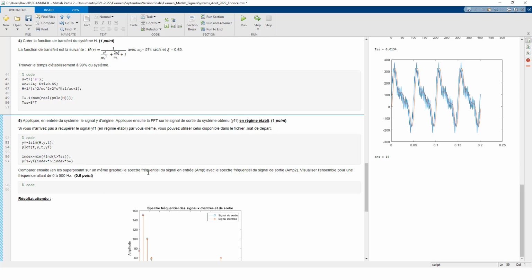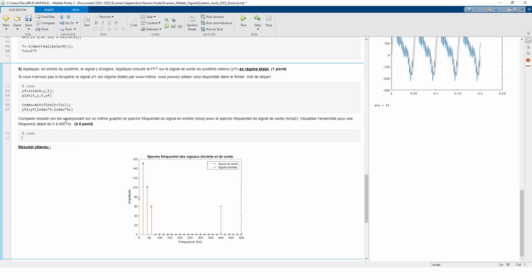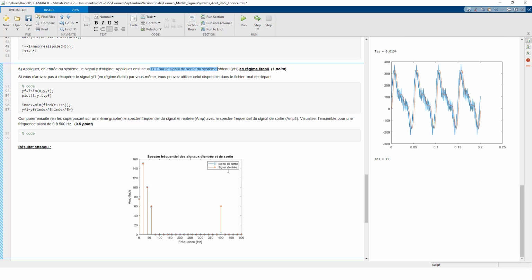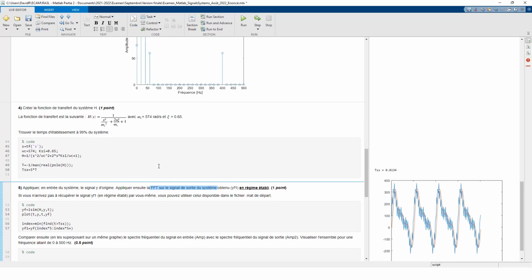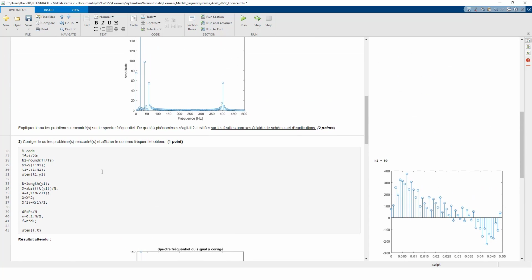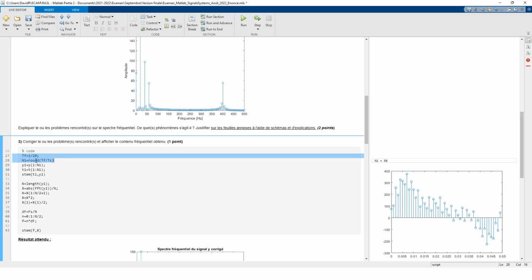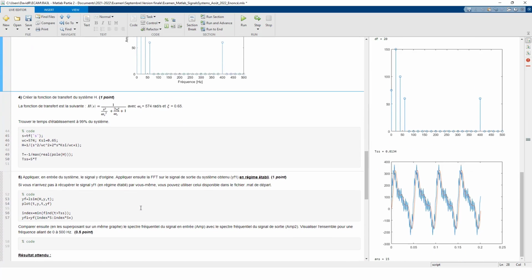Pour ça j'anticipe déjà un petit peu la sous-question suivante, parce qu'en fait on me demandait d'appliquer la FFT sur le signal de sortie, et puis de comparer ça avec ce qu'on avait sur le signal d'entrée. Et comme vous voyez, ce qu'on a représenté ici au niveau du signal d'entrée, c'est le signal sur lequel il n'y a pas de fuite spectrale, donc c'est le signal qui a été correctement fenêtré. Et rappelez-vous que le fenêtrage, on l'avait réalisé en limitant le nombre de points qu'on prenait à la valeur N1.